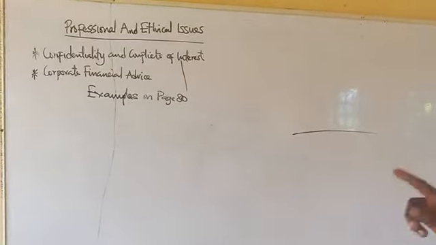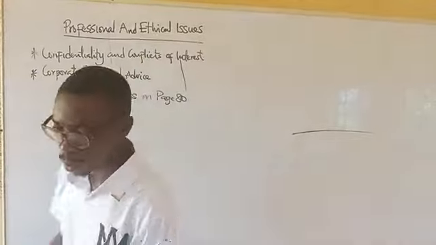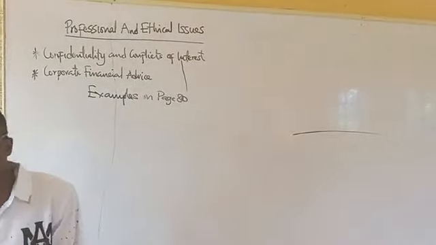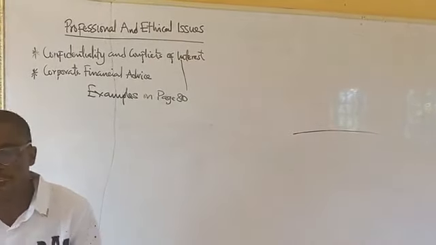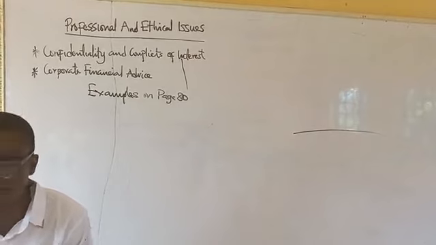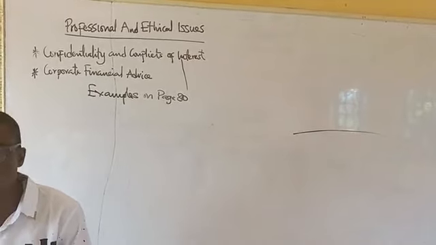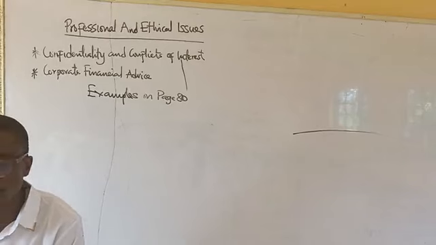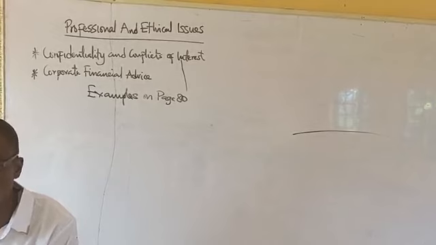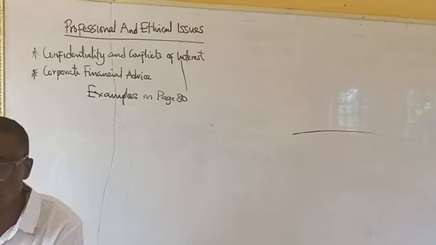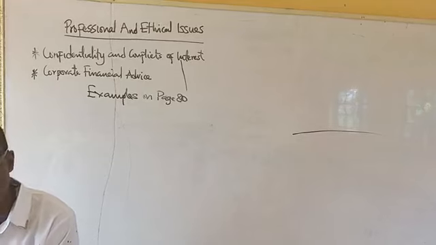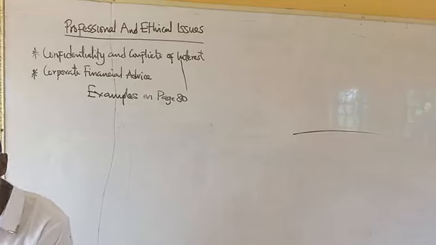So we are still looking at examples on page 80. Now, situation 3. They said the finance director of entity Z, a private limited company, has requested that only certain staff are to be included on the audit team to prevent unnecessary interruption to the entity's accounting department during the audit.